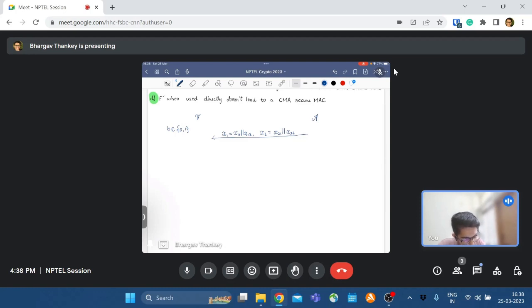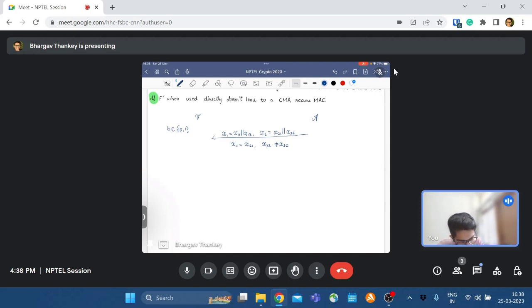And let's say x1's first block x11 is equal to x21, and x12 is not equal to x22. So the two messages are different, but the first block is the same.